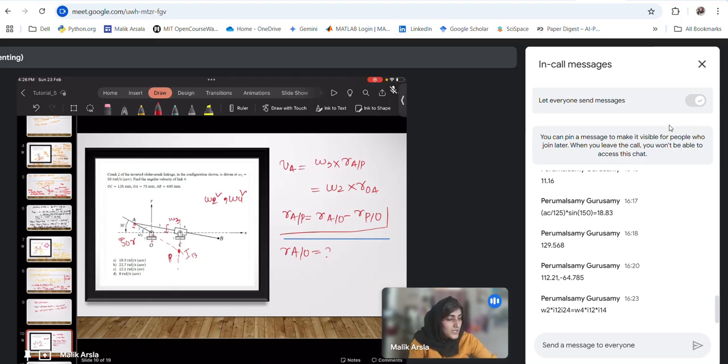So here omega 2 is given, 50 k cap, and omega 3 will be simply omega 3 k cap. Now first tell me what RAO is coming out to be.